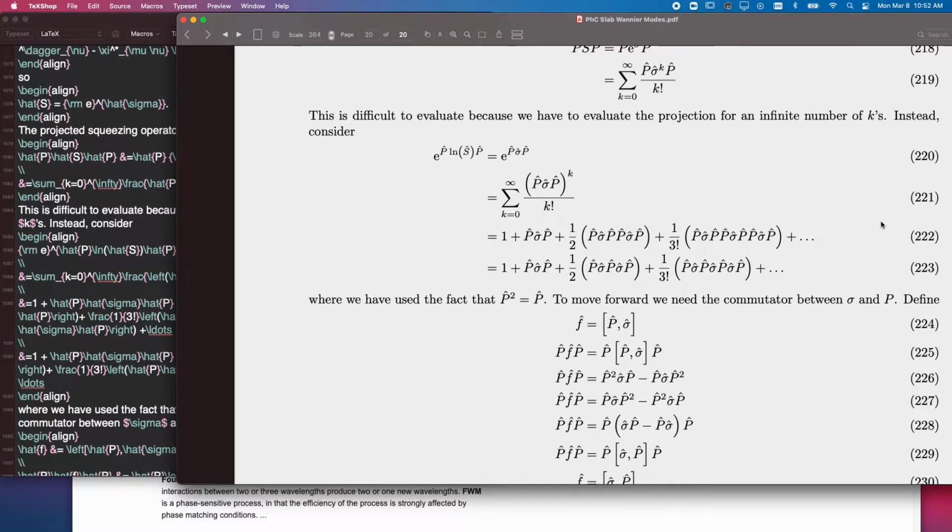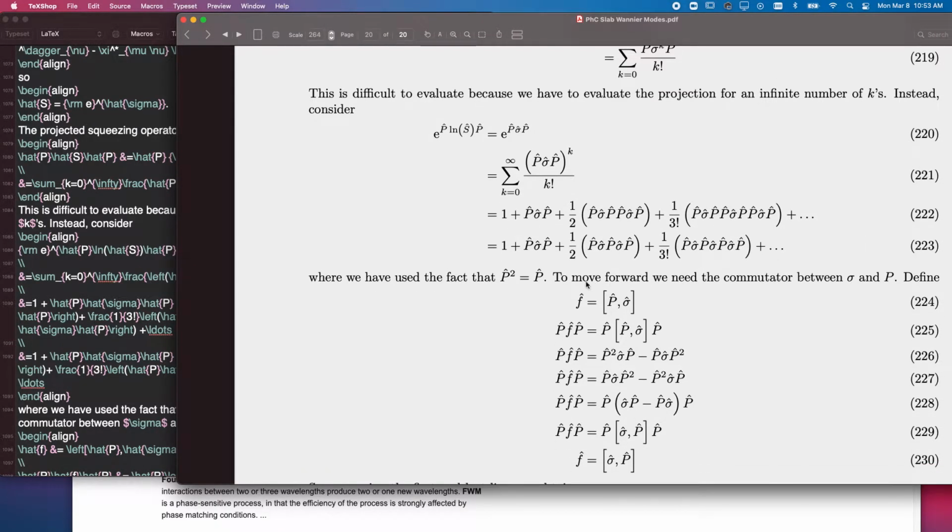Okay, so moving forward. So this is the point here. If I could work out what this commutator was, if I have p times sigma, and if p and sigma commute, then I can write this as sigma p, right? I can just flip it because the commutator is 0.